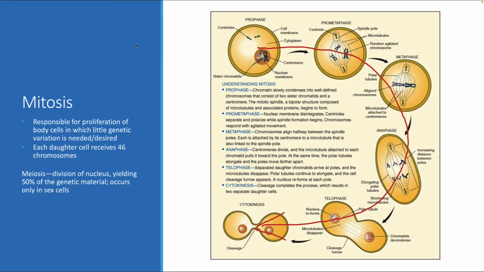Meiosis, on the other hand, is where the nucleus divides and donates half of itself, half of the genetic material, to a new cell, and that combines with the other parent, and then you have an offspring. So that's sexual reproduction. Sexual, and this is asexual.